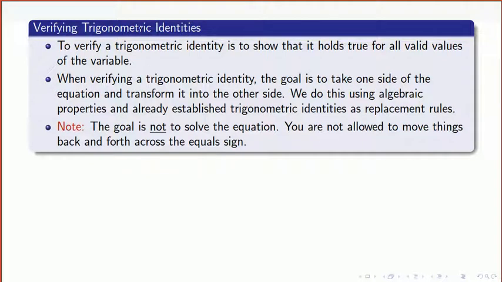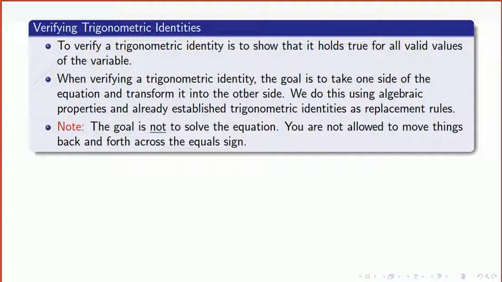To verify a trigonometric identity is to show that it holds true for all valid values of the variable. The goal is to take one side of the trigonometric identity and make it look like the other side.